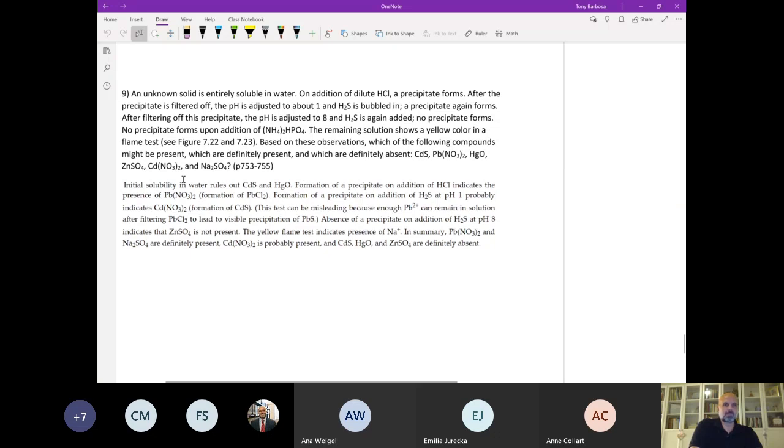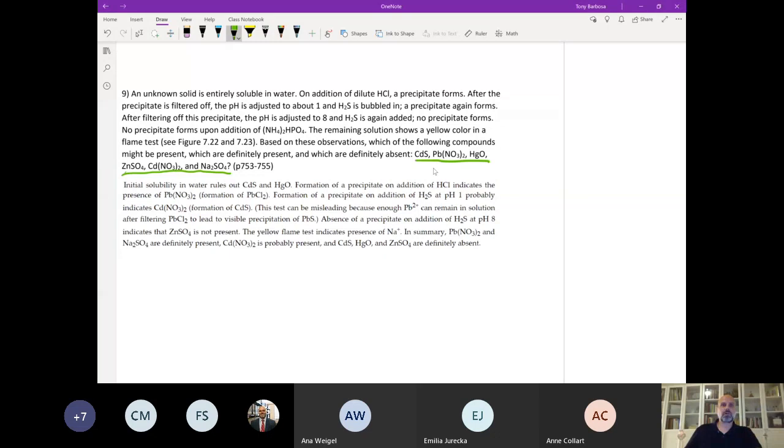All right, so Brian, this is the one that we were just basically discussing. You're going to be following through that qualitative analysis. And you would see that these are the possible salts that you have in solution here, right? What you would try to do is look through the sequence.